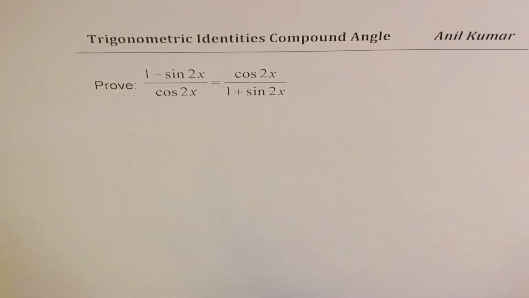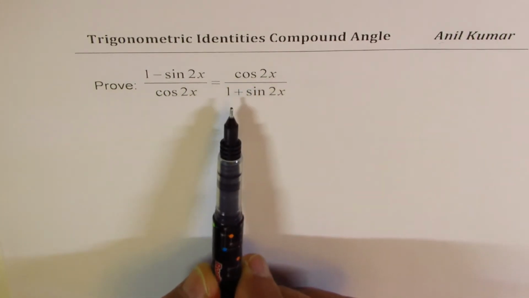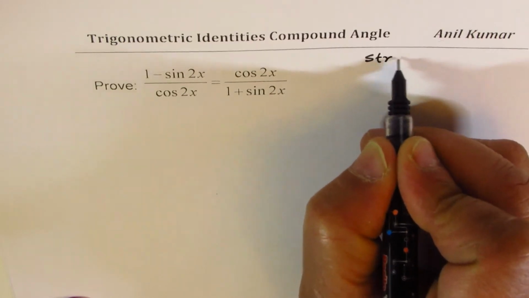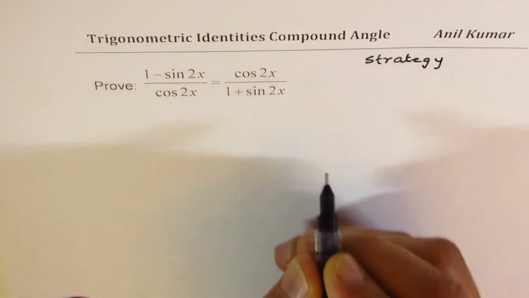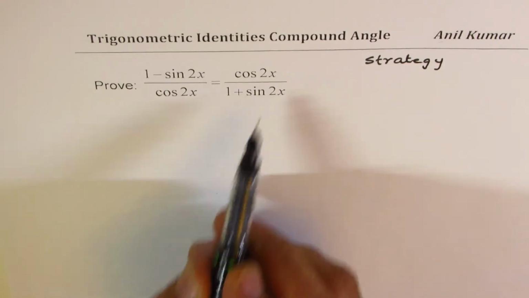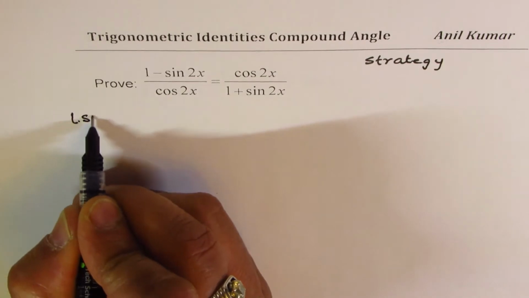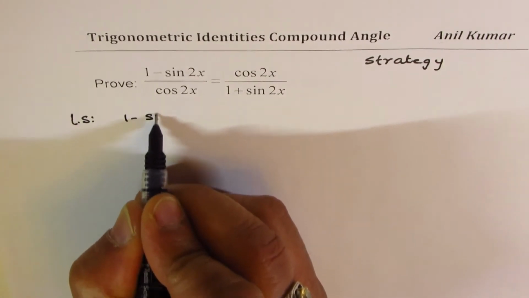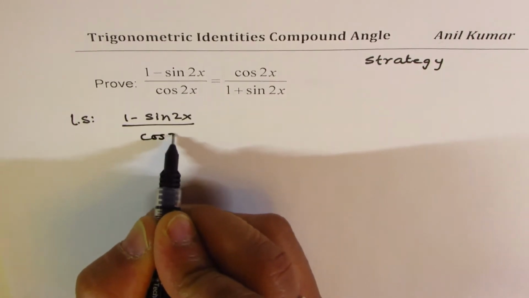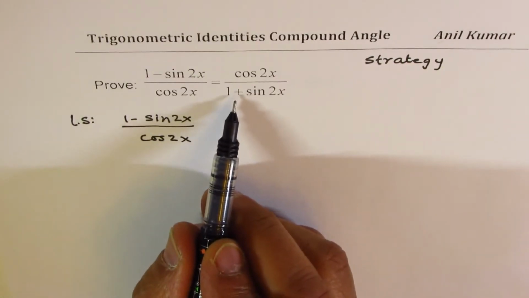First one here is (1 minus sine 2x) over cos 2x equals cos 2x over (1 plus sine 2x). Here I'll discuss an important strategy. The strategy is, on the right side we have 1 plus sine 2x. We want that. So if I begin with the left side, which is (1 minus sine 2x) over cos 2x, if you carefully analyze, we want that in the denominator.